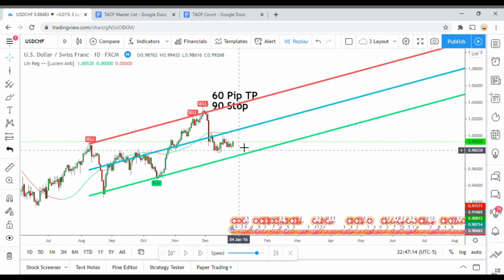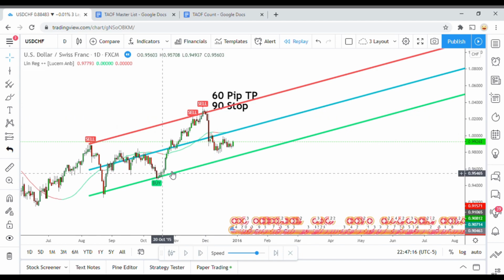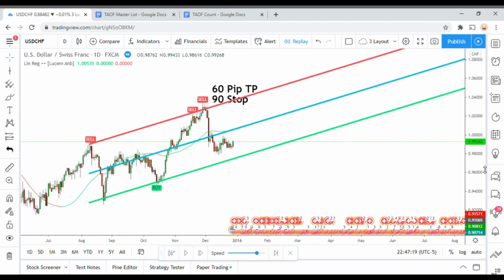But from my understanding, you have a top line and a bottom line, and they act as support and resistance areas. So similar to the Bollinger Band, when price action comes up and touches or breaks through the upper band, you can expect a reversal to take place sometime in the near future. That is the idea behind it.